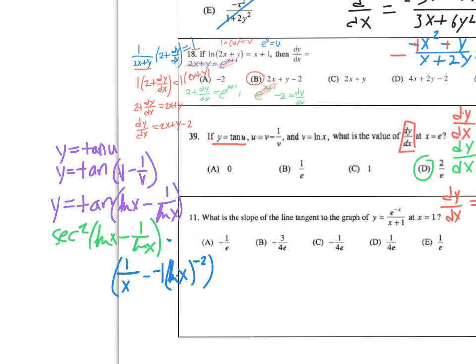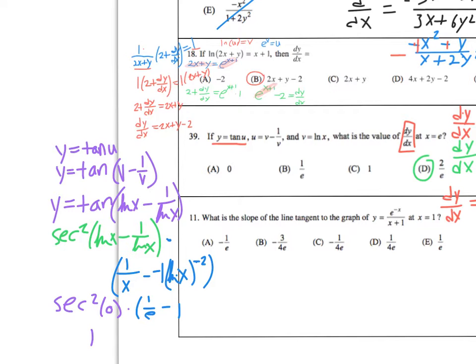Then when you plug e in, you get secant squared of 1 minus 1 is 0. So you still have the same thing we had before, and that's going to be 1. And then for the other part, we're going to have 1 over e, and that's minus 1.